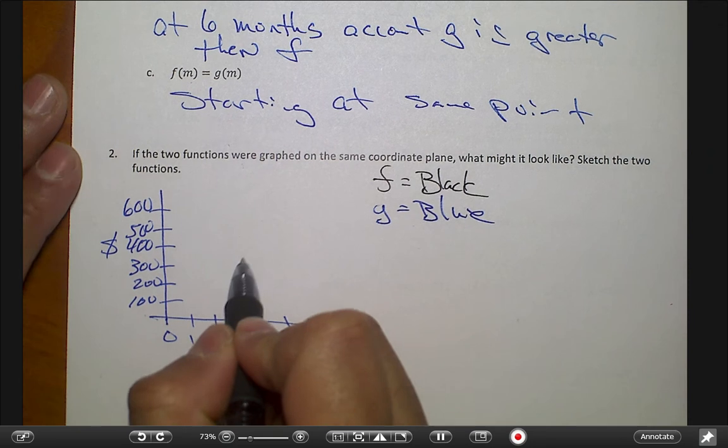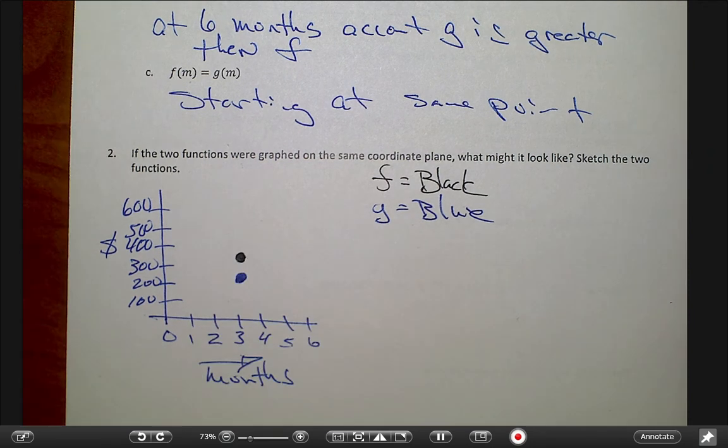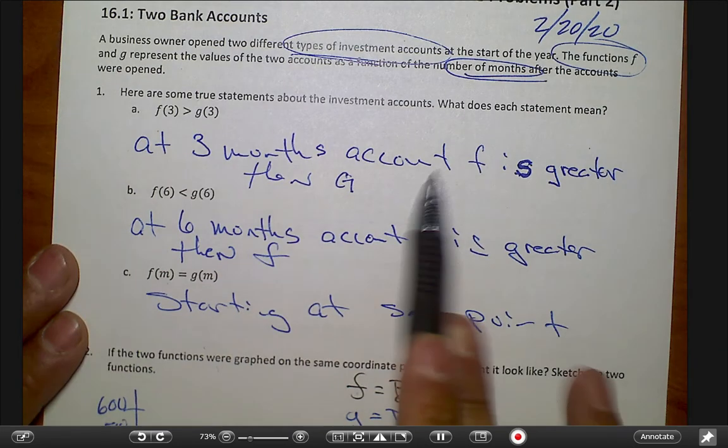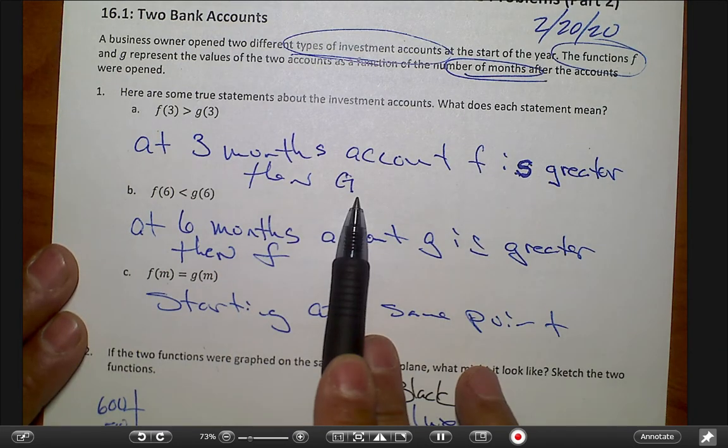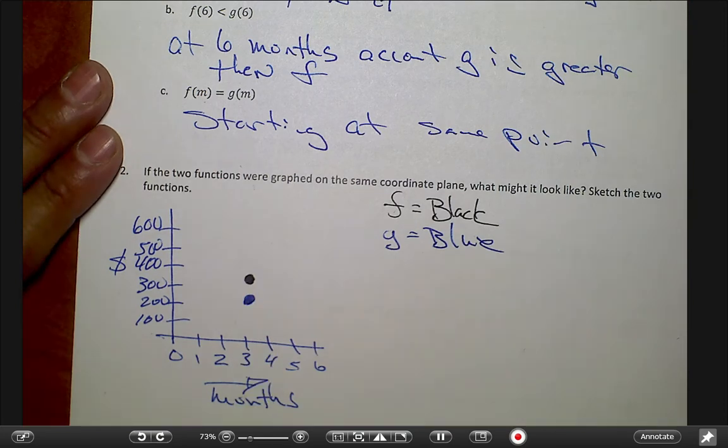Somewhere above it, right? This is 3 months. So look, f is black because our first statement says at 3 months account f is greater than g. So the black one is going to be on top of the blue one here.